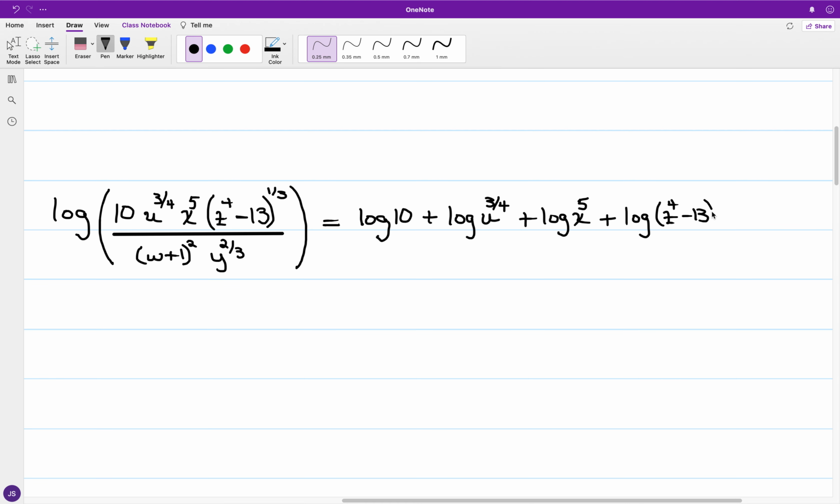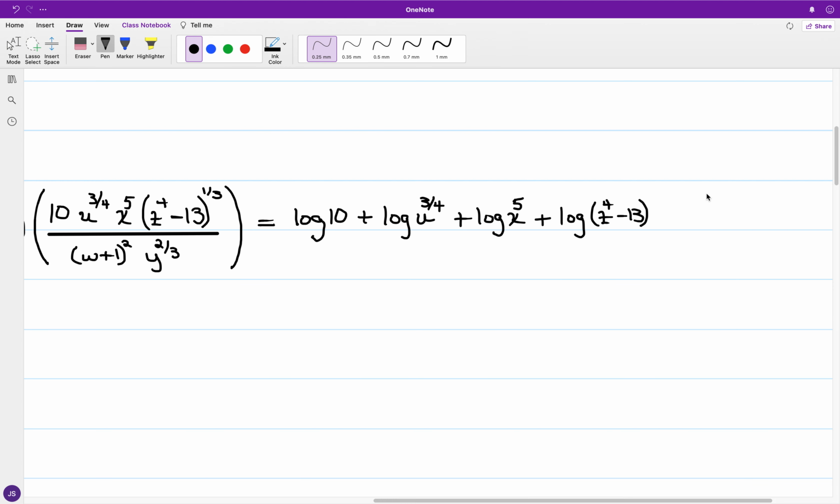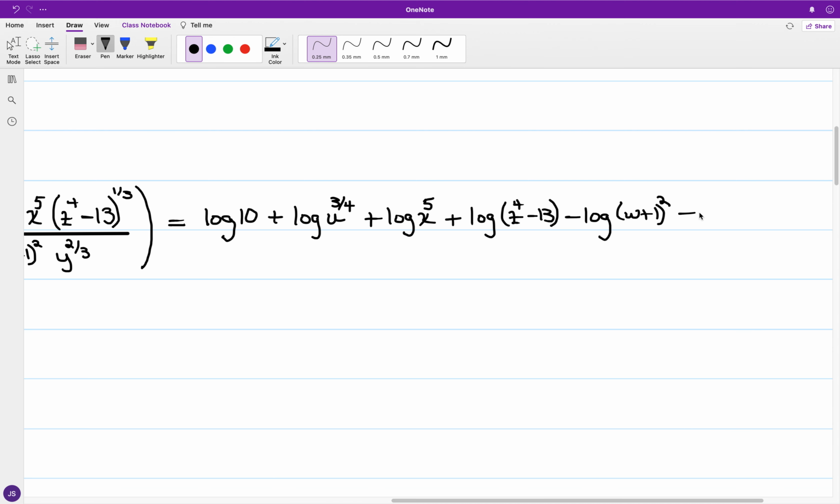Now the other factors are situated in the denominator, and division implies subtracting. So for the base 10 logarithms with these two attachments, these will result as negative base 10 logarithmic terms. We have minus the base 10 logarithm of w plus 1 to the 2nd, and minus the base 10 logarithm of y to the 2/3.